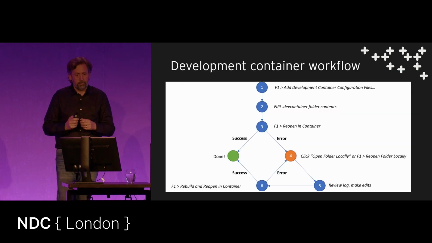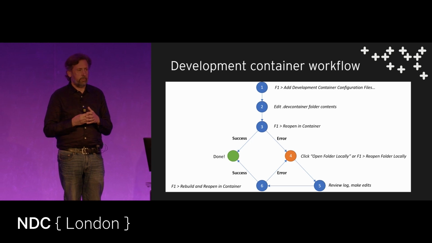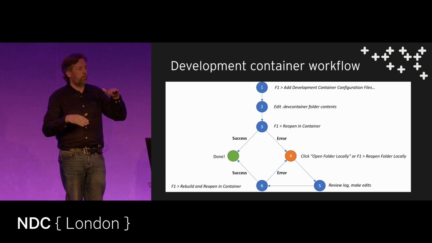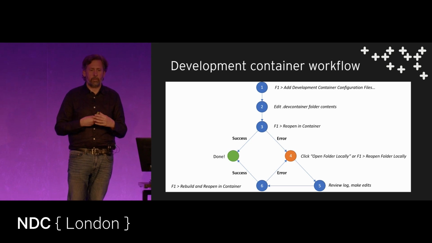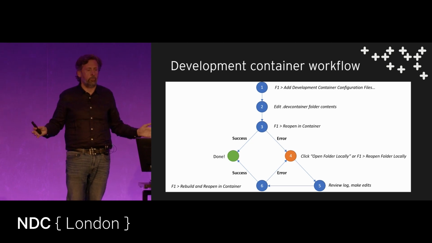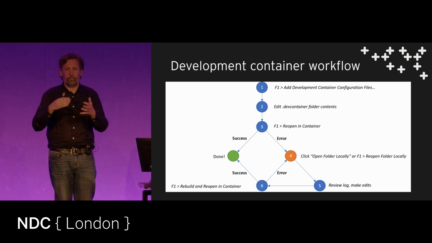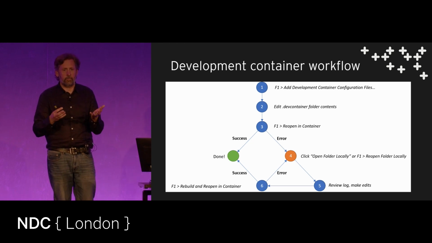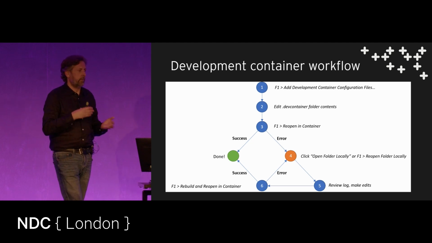And so there's a workflow here, especially if you start playing with this, you typically want to edit this file. So it's a little bit of a meta catch-22 thing here. You're opening up your environment, which is based on the dev container JSON file, and then you edit that file. So what happens then, right? Then you have to actually rebuild that environment. So there's a little bit of workflow here.